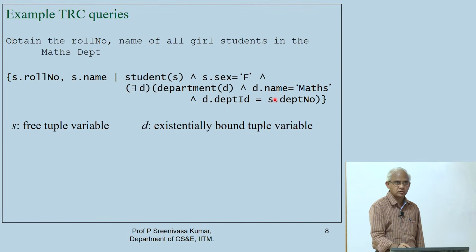So, I suppose the way of expressing this query is understood. Any specific questions on this? If not, I think I discussed this in the last lecture also. We will proceed further.